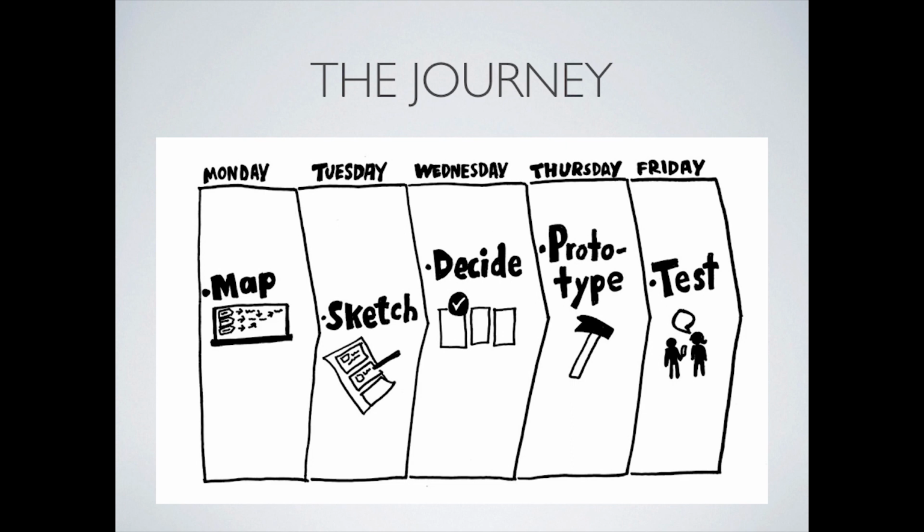So on day one, on Monday, you're going to define what the problem is, figure out where the customer sits in your problem, maybe what other actors might be involved, and narrow in on a specific piece of your problem that you're looking to solve for.